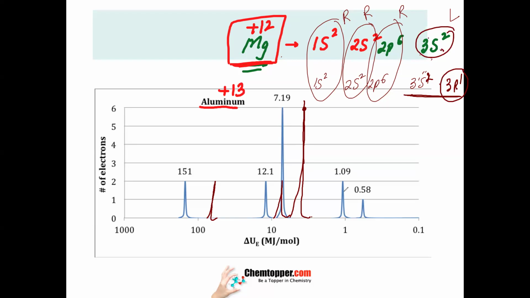So the more stable 3s2 of the magnesium will be more on this side. This is 3s2 of the magnesium, and there is no 3p in magnesium. You've understood this? The shifting of the signals to the left and right.